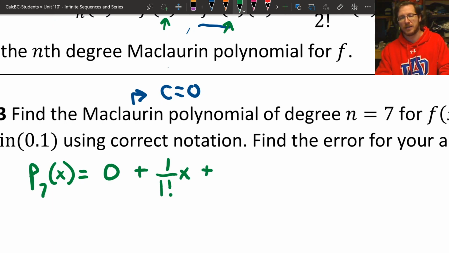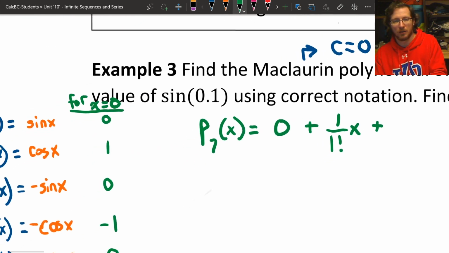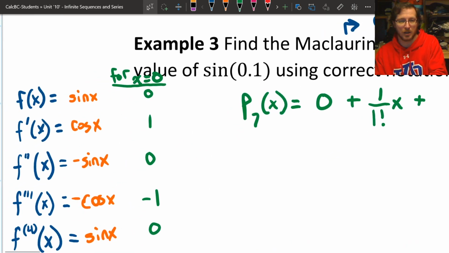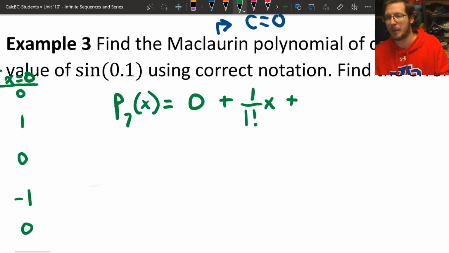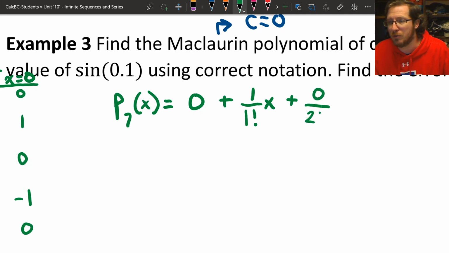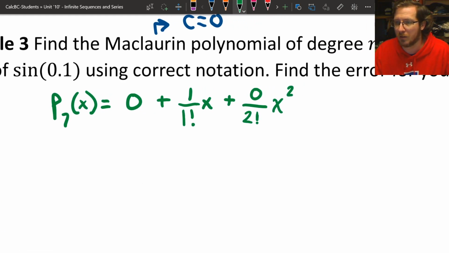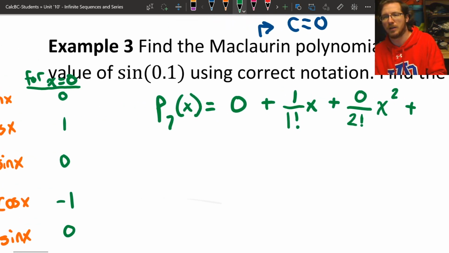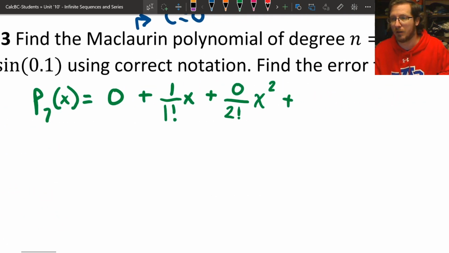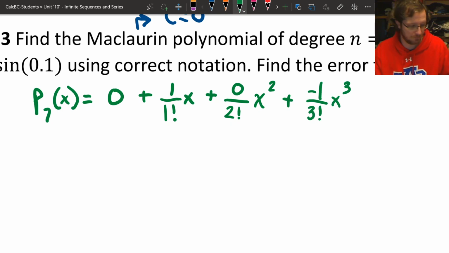Going to our next term, we're looking at the second derivative for x equals 0. So we get 0 over 2 factorial times x squared, plus, and then in our next one we have a negative 1. So negative 1 over 3 factorial times x cubed.